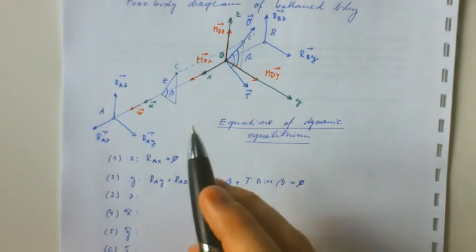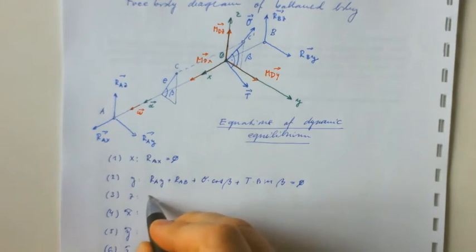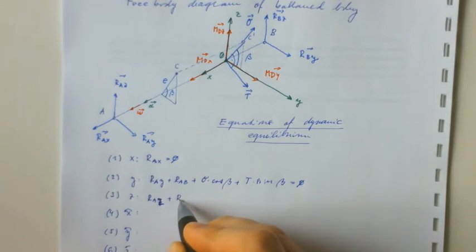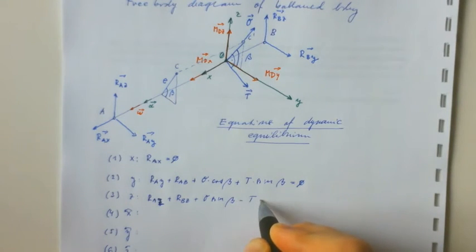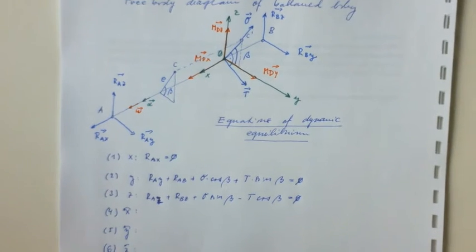In z direction we have Raz plus Rbz plus O sine beta minus T cosine beta is equal to 0.